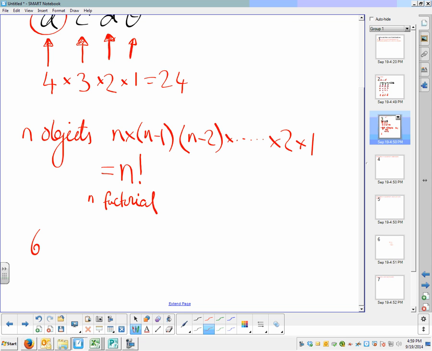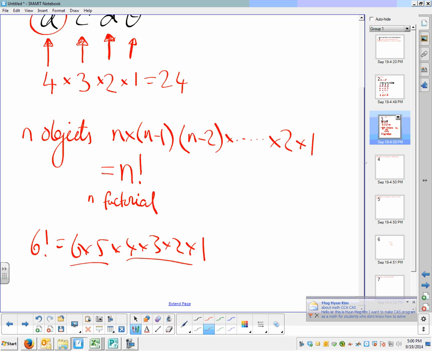So 6 factorial is 6 times 5 times 4 times 3 times 2 times 1. And if you had 6 objects, then there would be that many ways. It's quite a big number. What would it be? 24 times 30, 240 times 3, 720.